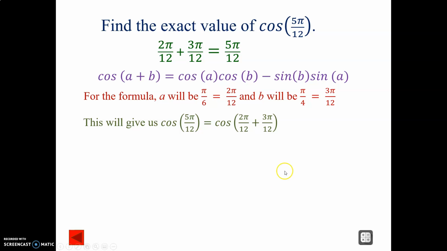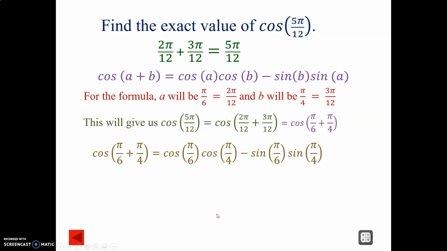So that means the original problem, cosine 5 pi over 12, can be rewritten as the sum, 2 pi over 12 and 3 pi over 12, all could be reduced to the pi over 6 and the pi over 4. Again, whichever values you choose to use, whether it be the green ones or the purple ones. So when we substitute the values in, there's a pi over 6, pi over 4, pi over 6, pi over 4.